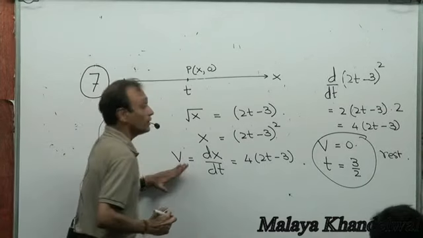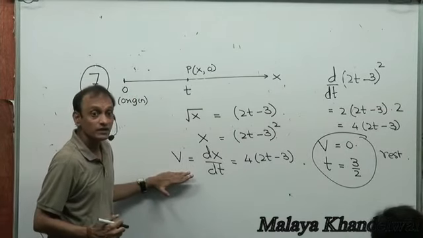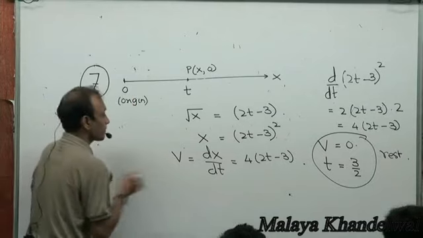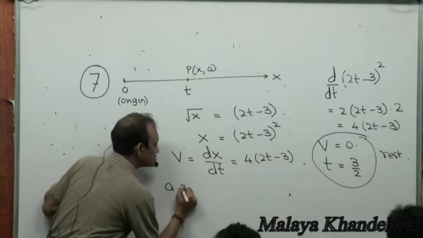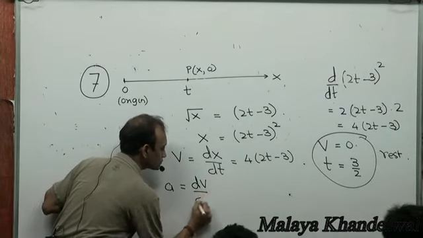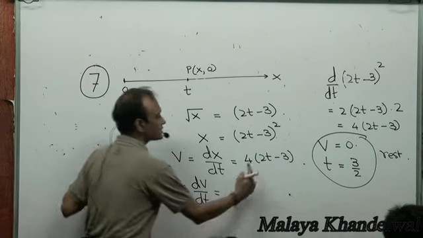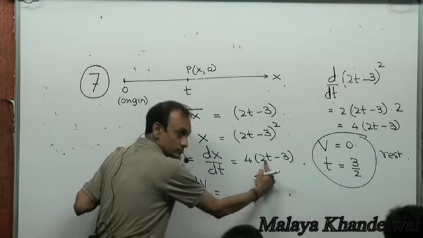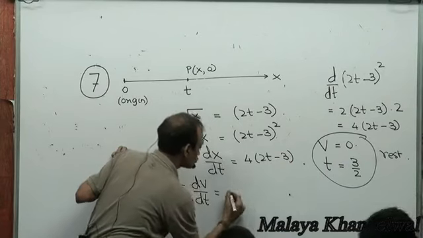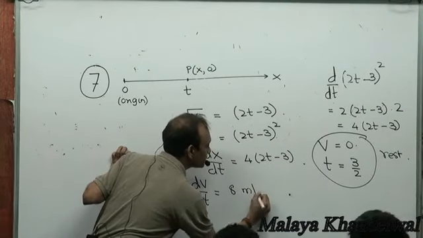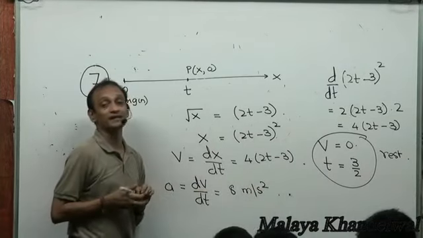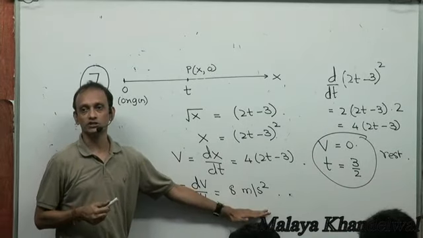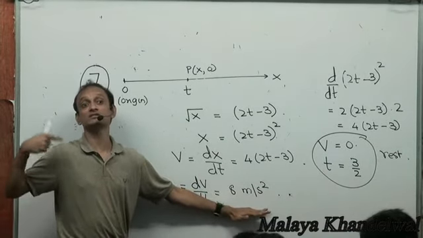Now, let me look at the acceleration. dv dt is the acceleration. If you differentiate this, it will be 8, right? This will be 0. So that's going to be 8 meters per second square. So the particle has a positive acceleration. Its velocity is increasing with time.